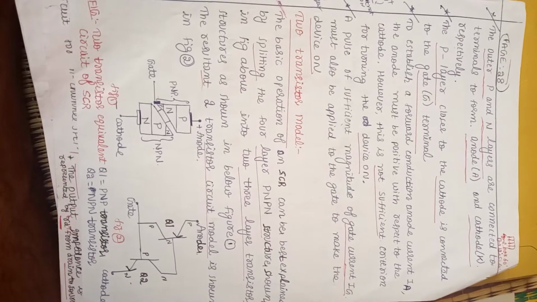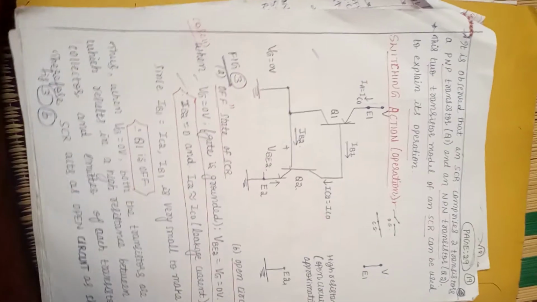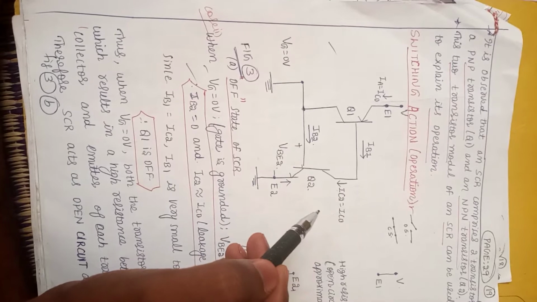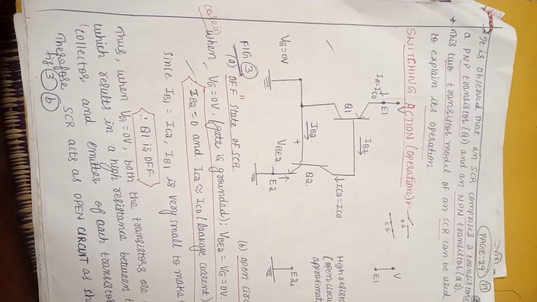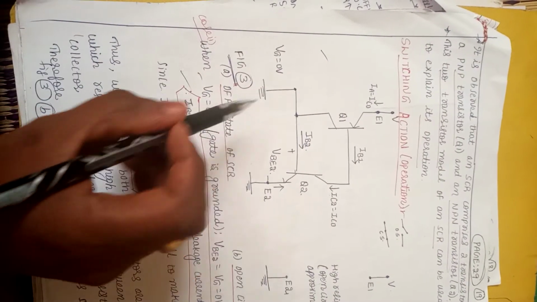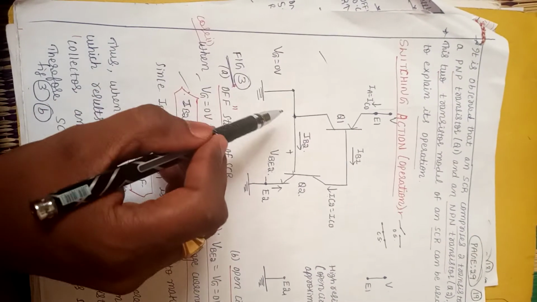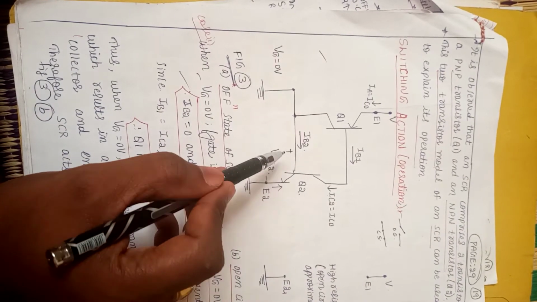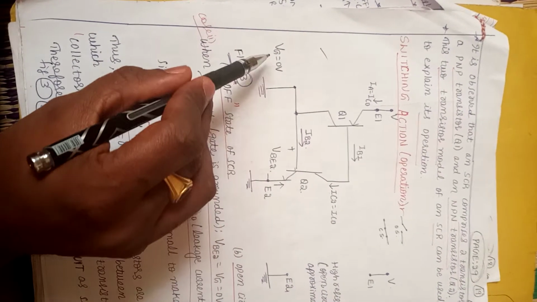This is the switching operation of an SCR 2-transistor model. In the first case, I apply Vg equal to 0 volt. If Vg is equal to 0 volt, Vb is 0 volt, because Vb is equal to Vg.